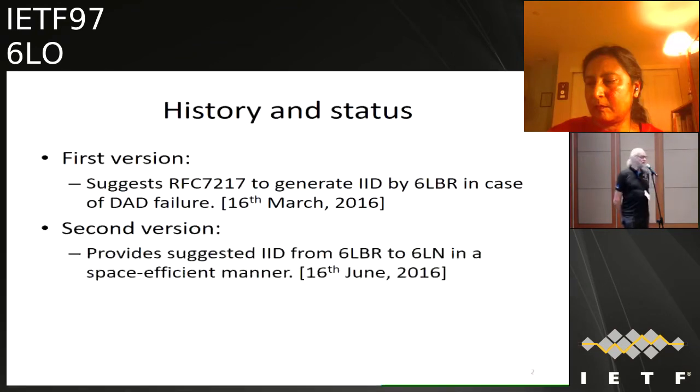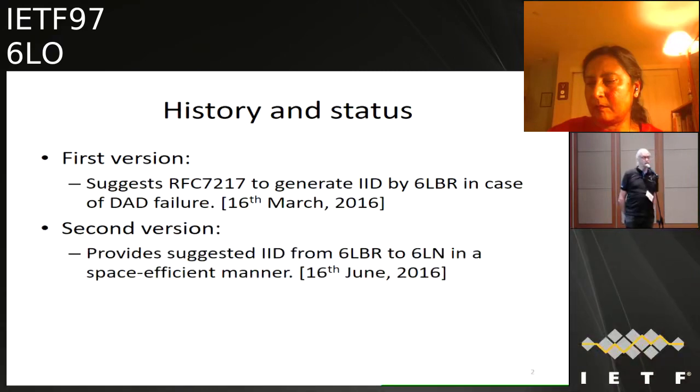So the basic idea is to use an algorithm that's shown in RFC 7217 to generate a new IID in case the 6LoWPAN node provides an identifier that results in a collision. The idea is that the router can do this work and be more efficient, reducing the time and energy that would otherwise be consumed by the node itself to avoid the duplicate address.